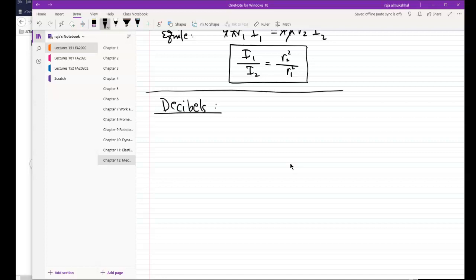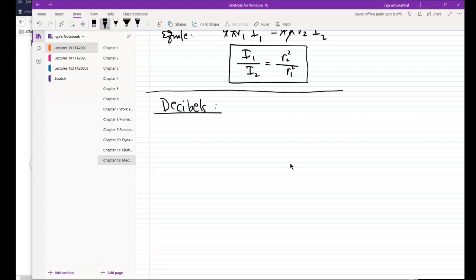Decibel is a unit that measures similar to the intensity, and it measures intensity of sound, but specifically how the human ear observes or perceives that sound. So it's specifically for the human ear, or maybe the animal ear, even for dogs and cats and so on.